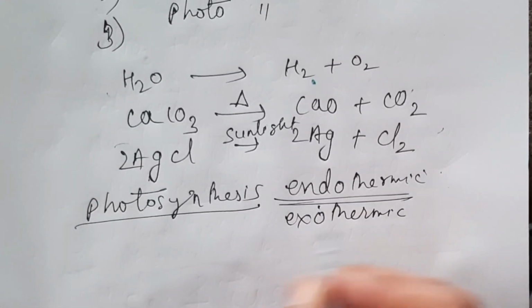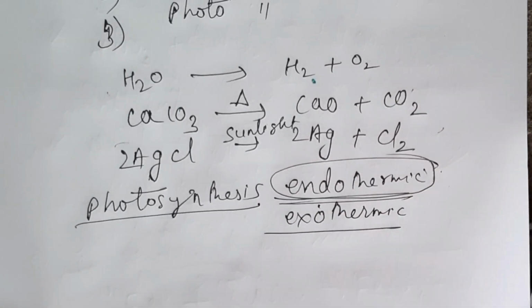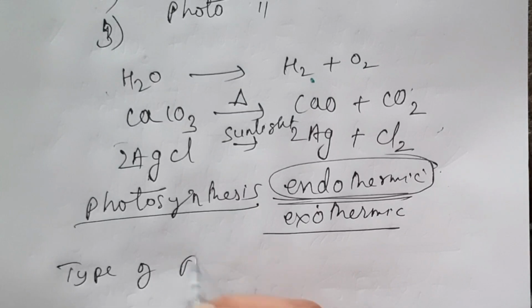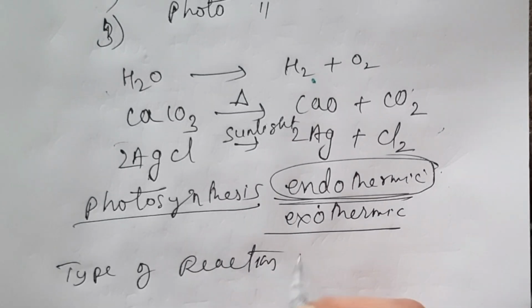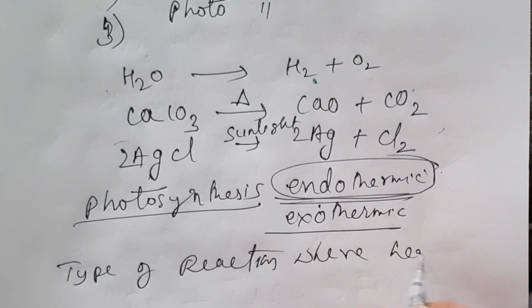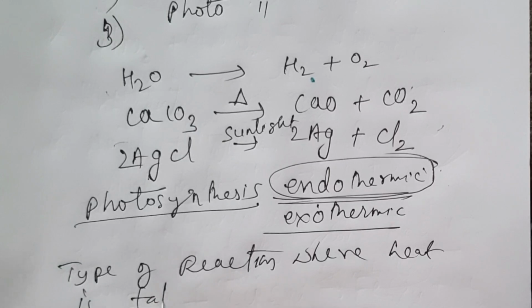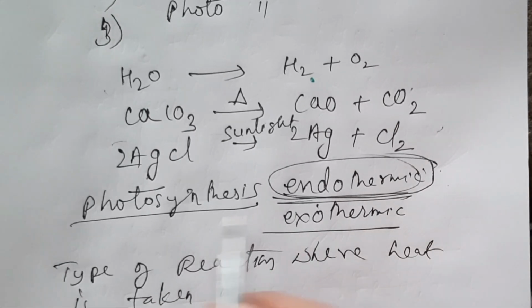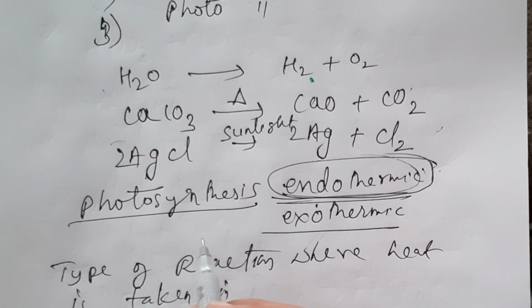An endothermic reaction is the type of reaction where heat is taken in. It is called an endothermic reaction. Here we can give the example of photosynthesis, because photosynthesis takes place in the presence of sunlight.